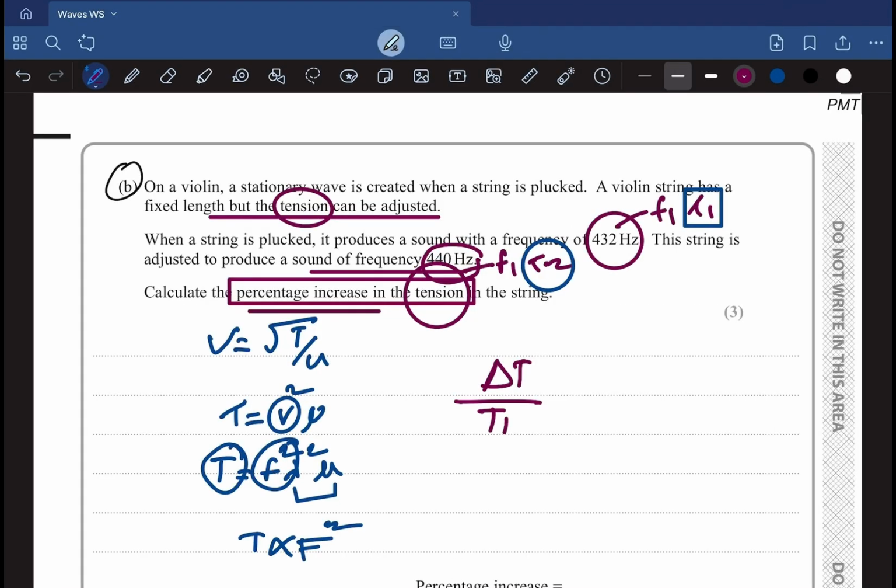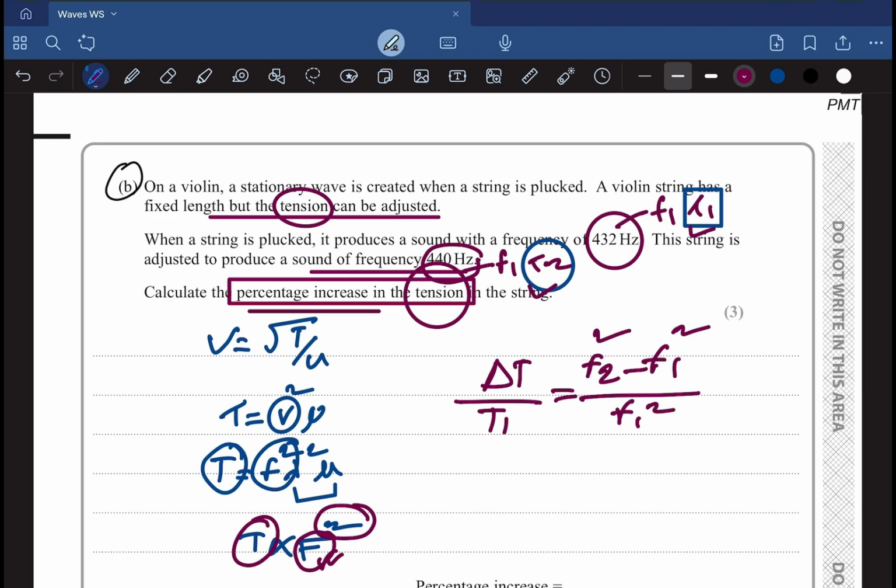By T1, right? So it will be equal to, we know delta T means T2 minus T1, and rather than writing T2 minus T1, we can write F2 minus F1, because tension is directly proportional to frequency. And this is not only F, this is actually F squared. So F2 squared minus F1 squared divided by F1 squared, because it is tension 1.